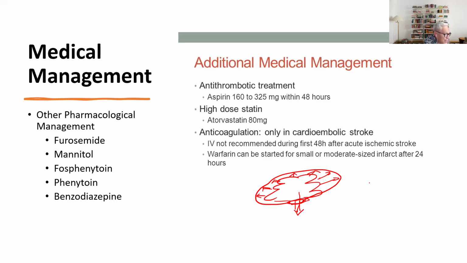And this is the danger of whenever we have injury in the brain and there's collection of pressure that cannot be vented. And so that's the reason why furosemide and mannitol, which is an osmotic diuretic, are going to be used in order to prevent or decrease cerebral edema.